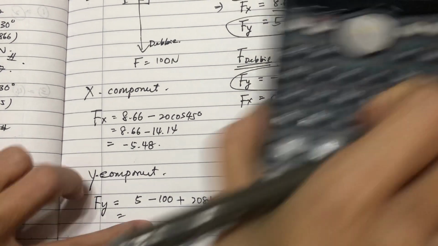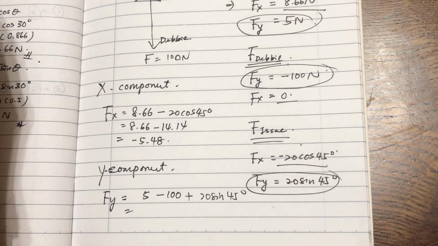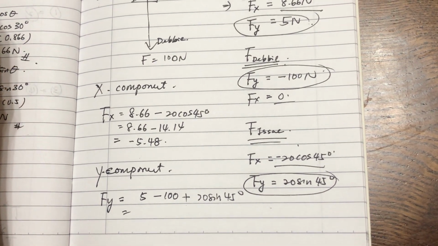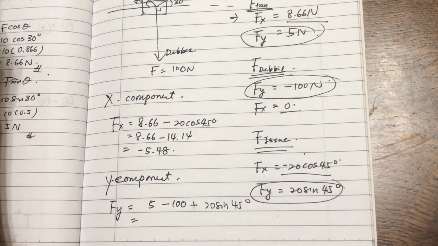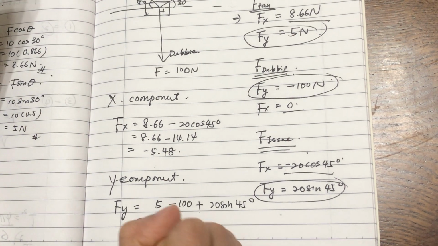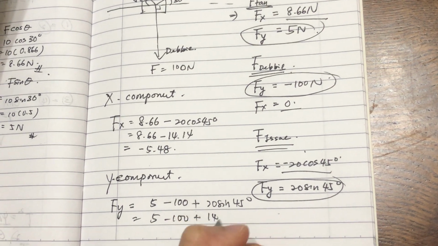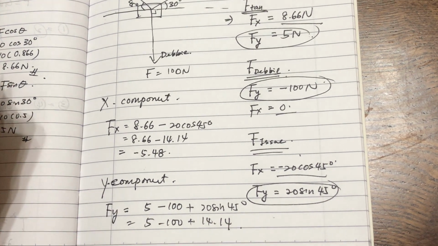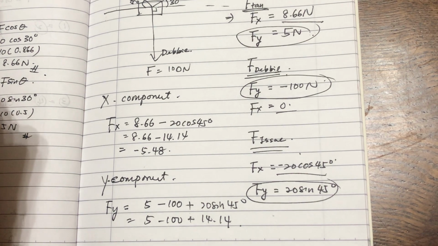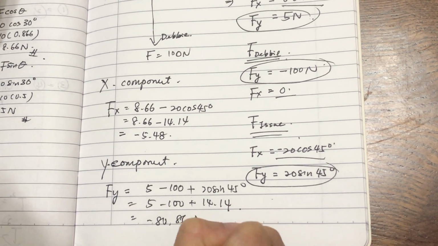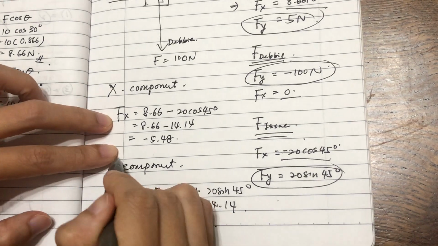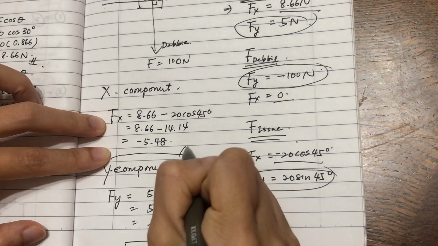Let's see, definitely it will be a negative value. Sin 45 times 20 is 14.14. So 5 minus 100 plus 14.14, and the answer is negative 80.86 Newton. So this is the resultant force component that we get.